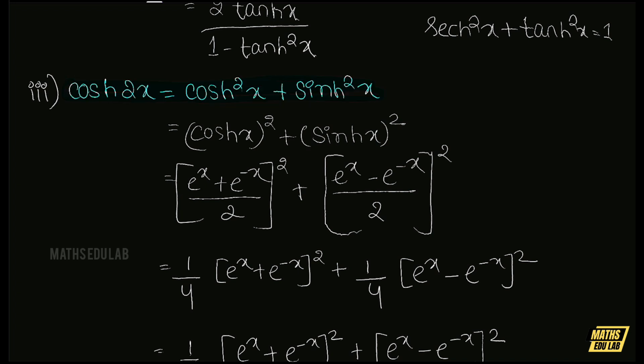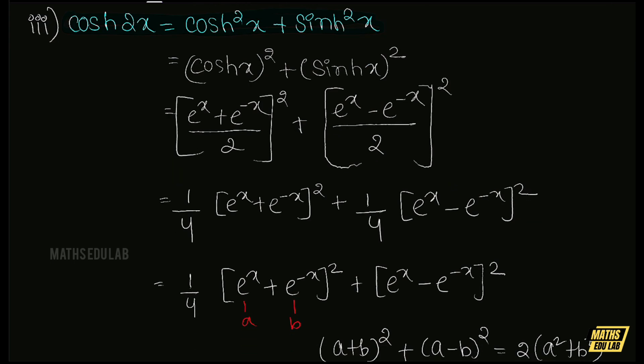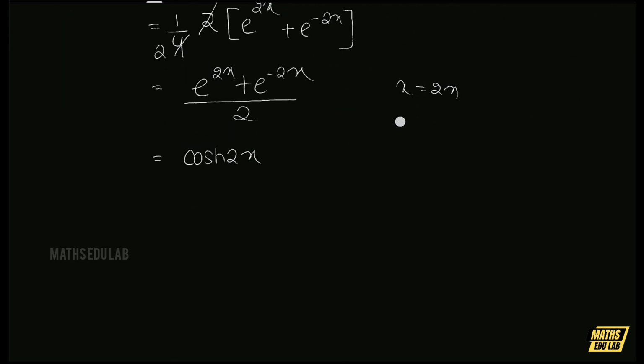Now let's go for the next formula. To solve this one we have another alternative form in a short way. If you want, you can solve this one from the right hand side, that means cosh 2x. I can write this as cosh (x plus x).